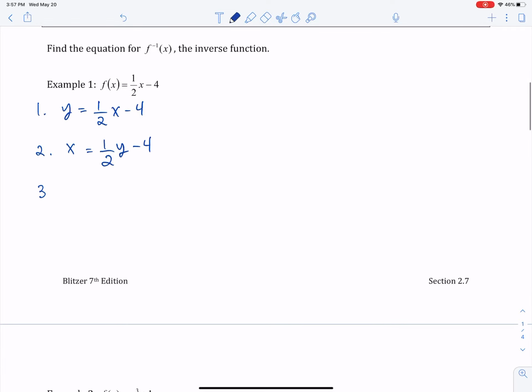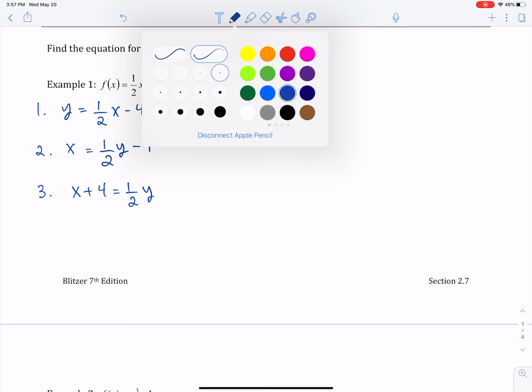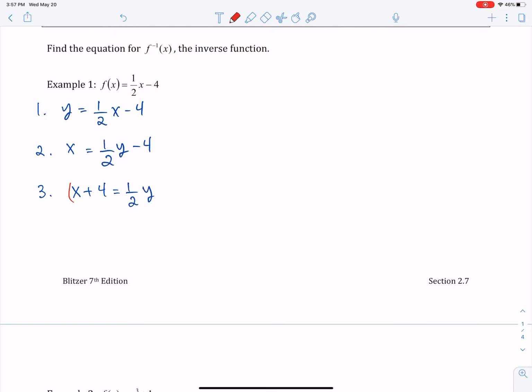On step 3, we're going to solve for y. To solve for y in this expression, we have to add 4 to both sides, so x plus 4 is equal to 1/2 y. And finally, to solve for y, we need to multiply both sides of this equation by 2.